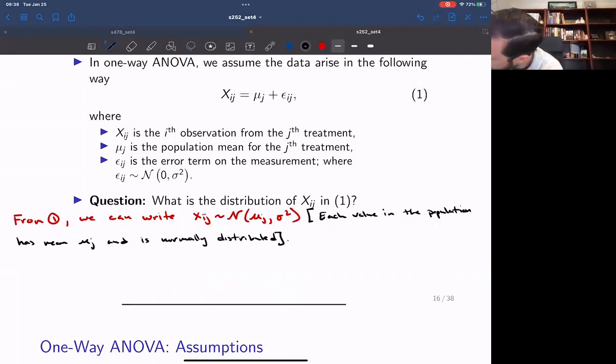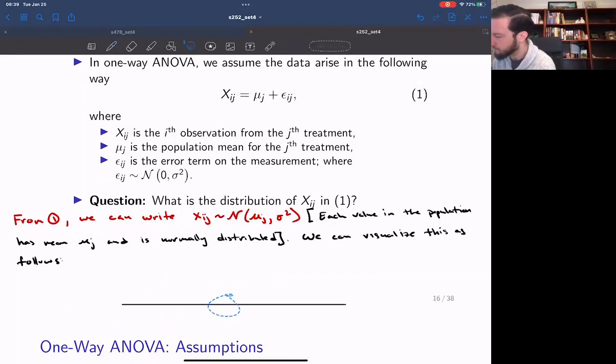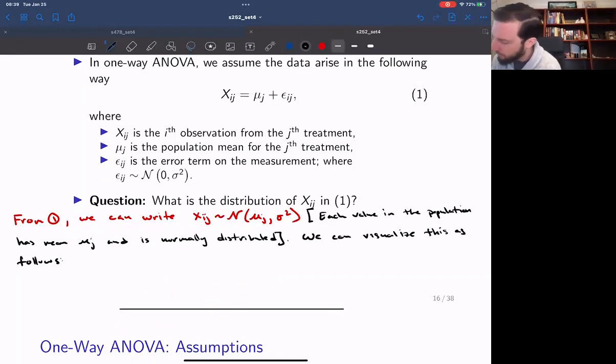Okay, so we can visualize this. So we might have mu1 here, mu2 here, mu3 here, mu4 here.